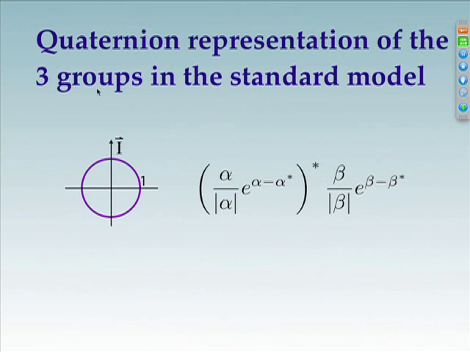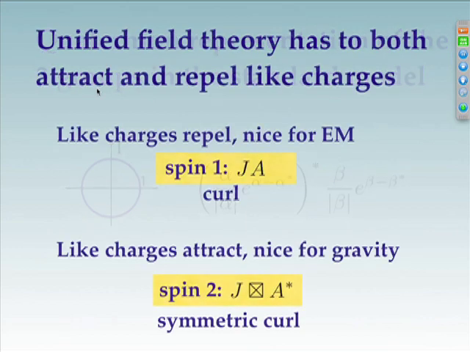Okay, so then I gave you a flavor of group theory, and this one here has, I claim, U1 symmetry, SU2 symmetry, SU3 symmetry, and in a certain way, it's really about unit spheres in spacetime. We even made it out to the issue of spin, which is somewhat remarkable.